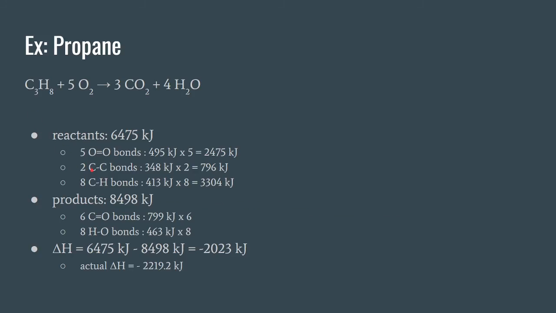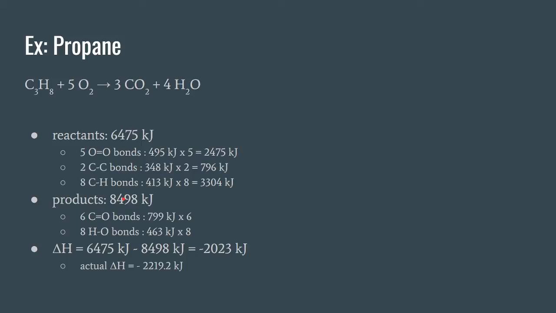And then we have 2 carbon-carbon single bonds inside of propane. Each one of those is 348 kilojoules per mole. And then we have 8 carbon-hydrogen single bonds, so 413 kilojoules per mole. So 495 times 5, 348 times 2, 413 times 8. You add those numbers together. On the reactant side, we have 6475 kilojoules.